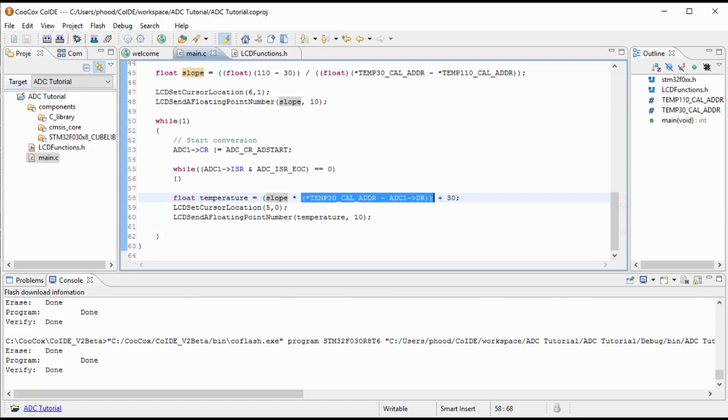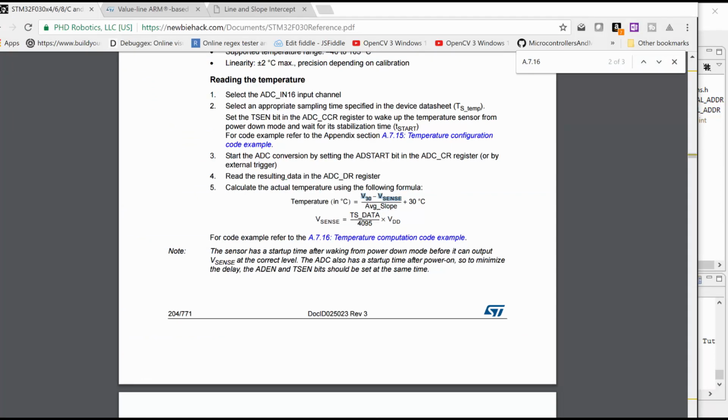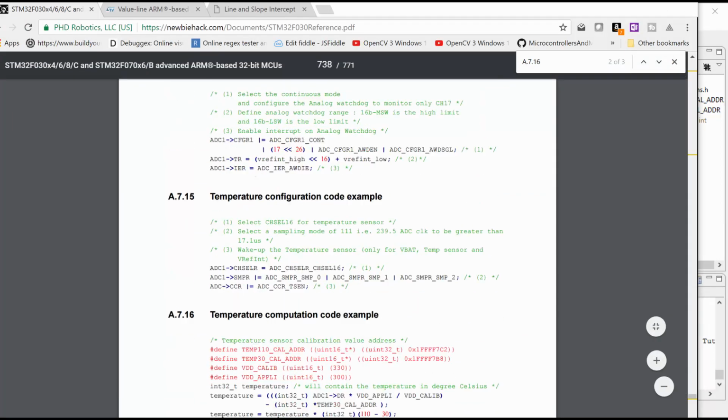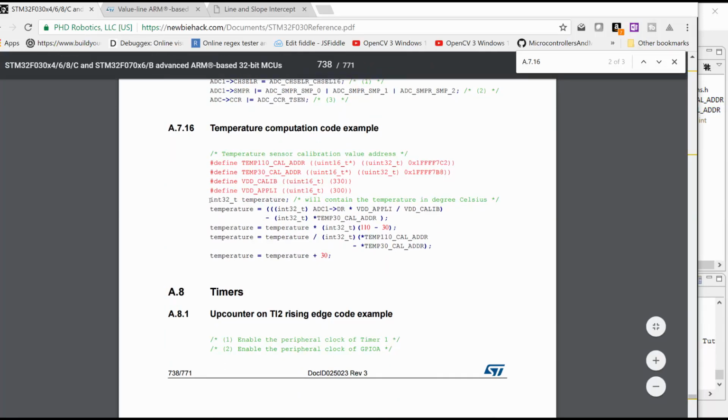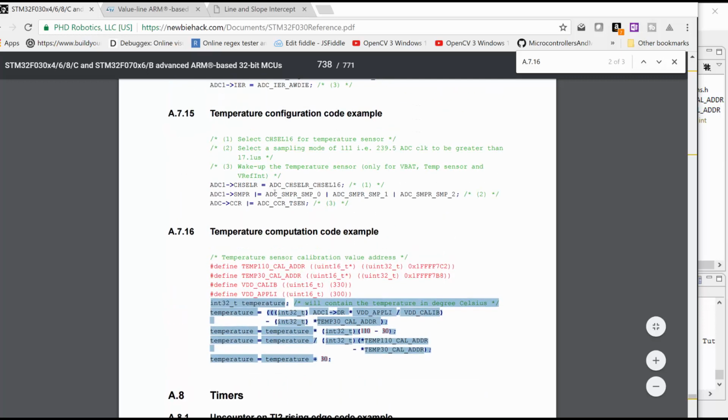And when I was using the formula they were using here, actually the temperature code example, I was getting values in the 60s, and I was also getting values in the 20s, depending on my sample rate. And I knew that couldn't be correct.